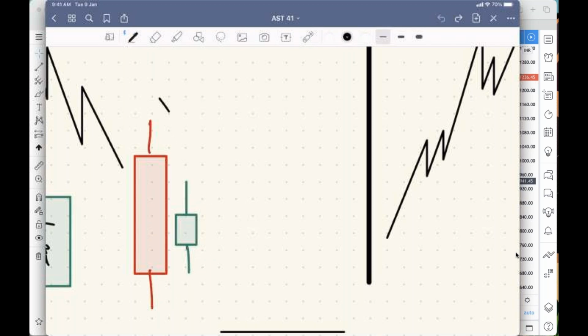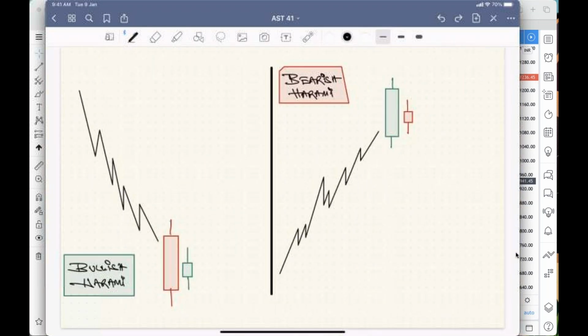It's got nothing to do with the Harami word in India, so nothing to get too excited about it. But it is an exciting pattern. It is indeed a very, very exciting pattern. In fact, later on, when you look into the charts, you will find how reliable this particular pattern is.